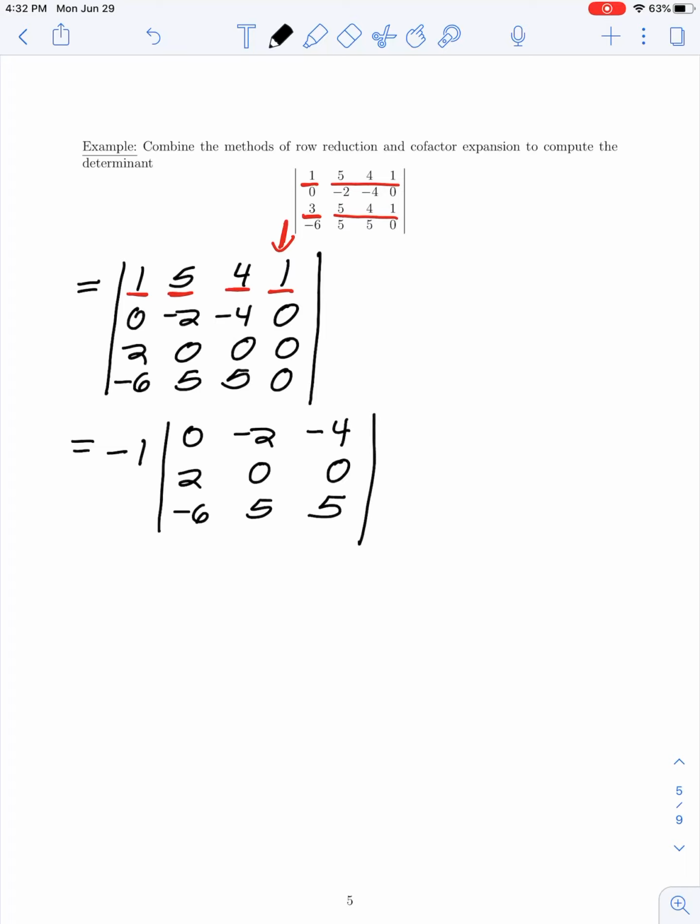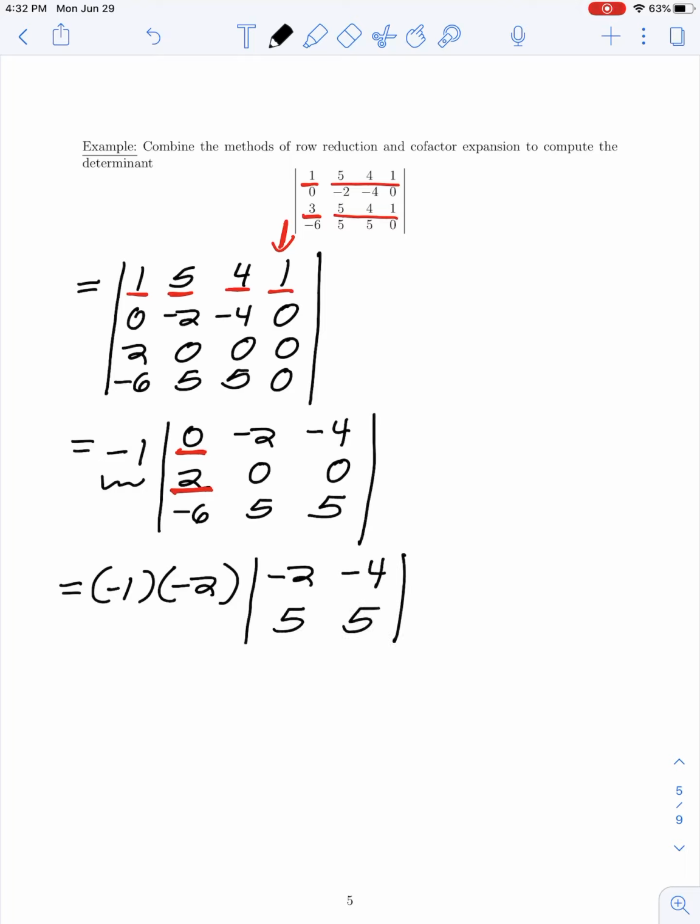So now at this stage, for the determinant of this 3 by 3, I could take a cofactor expansion across the second row since it only has one non-zero entry. So keeping track of our sign again here, we would start with a positive and then a negative. So I'll have my initial factor of -1 that we had out in front times the cofactor expansion for this 3 by 3, which would start with a -2, times the determinant of the 2 by 2 submatrix, -2, -4, 5, 5.